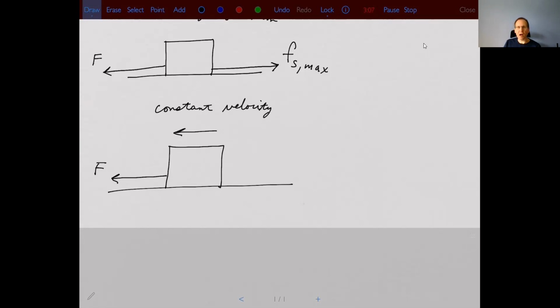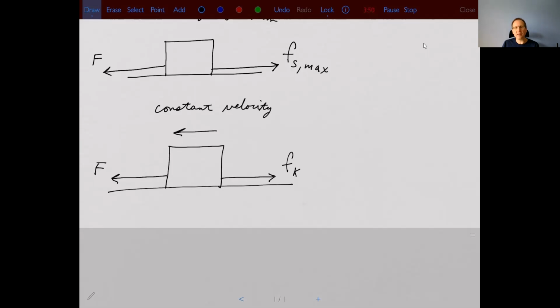Now, because it's moving at a constant velocity, that means that there's no acceleration, right? 0 acceleration means the object has constant velocity. Because it has 0 acceleration, that means the net force has to be 0. So again, there must be a force that's resisting the motion, and it must be equal in magnitude to the force that I'm pulling with. So that's another type of frictional force. Now that it's moving, this is a little bit different than static friction. We call this kinetic frictional force. So F sub K, the K means kinetic.